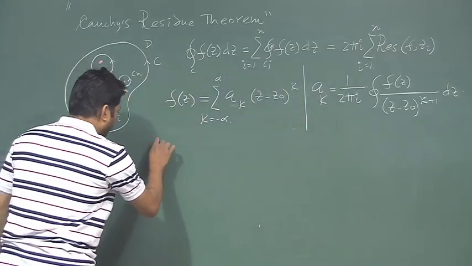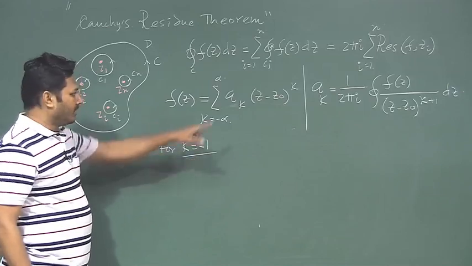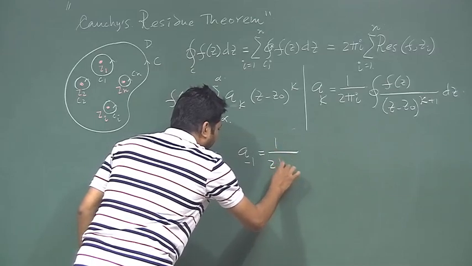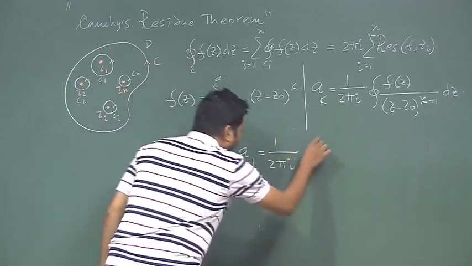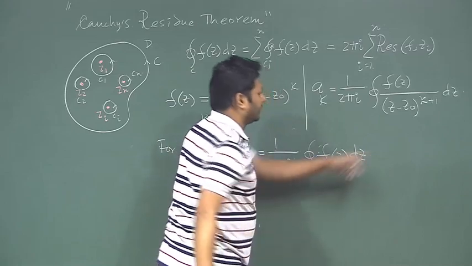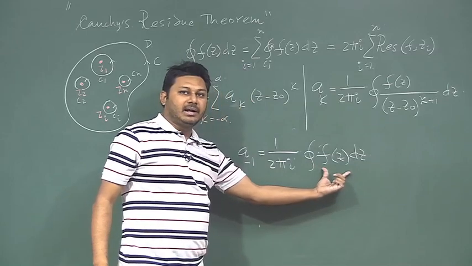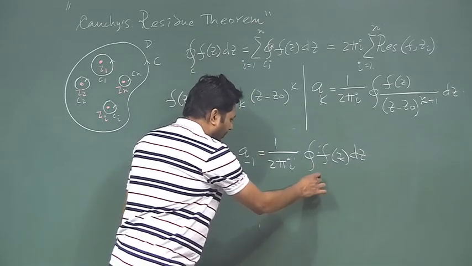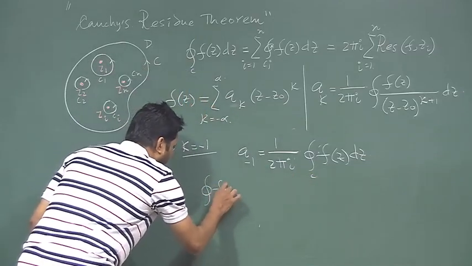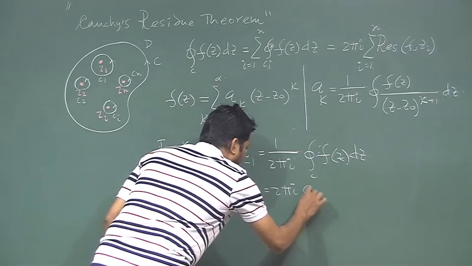For k equal to minus 1, this special k, a minus 1 is equal to 1 divided by 2 pi i times the integration of f(z) dz, because with k equal to minus 1 this term vanishes. So the only thing in my hand is the integration of f(z) dz, and the integration of f(z) dz is 2 pi i multiplied by a minus 1.